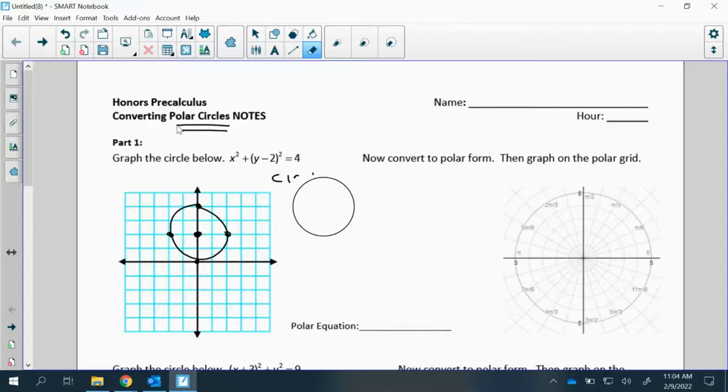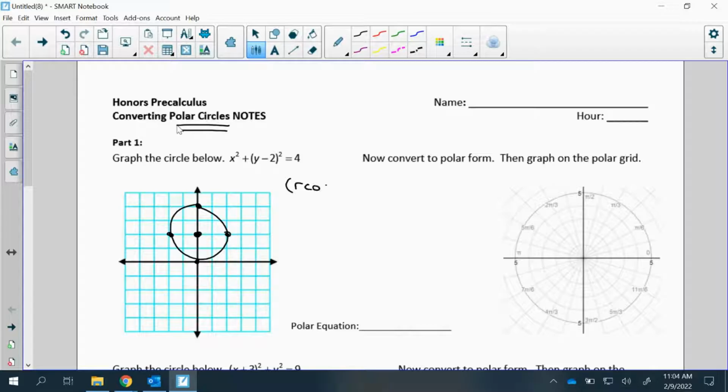So remember, the formula is x squared plus y squared equals r squared. And then if we have some sort of shifting of the center, then we will move the center a little bit. Now, in order to convert it to polar, what we want to do is replace x with r cosine theta and y with r sine theta.